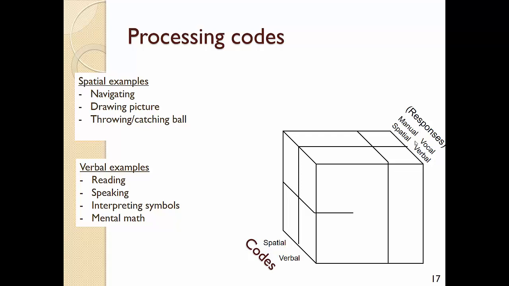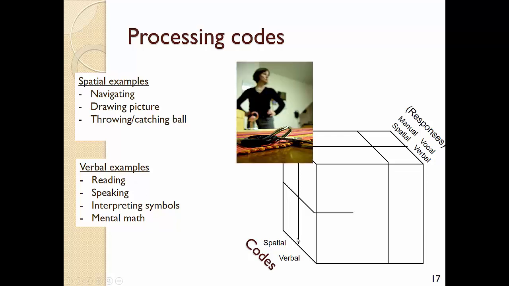These are all stored symbolic sorts of messages, and you are applying these rules in order to come up with your answer here. Now, you may imagine in your head what it looks like, you may think, okay, I want to pull out two $1 bills, and then you can imagine in your head what a $1 bill looks like, and you can use your spatial working memory to retrieve that, to make sure you get the right things out. But in calculating how much, that would be verbal.